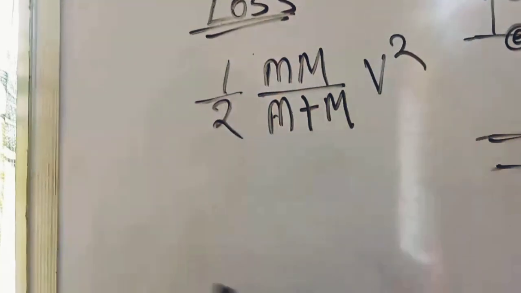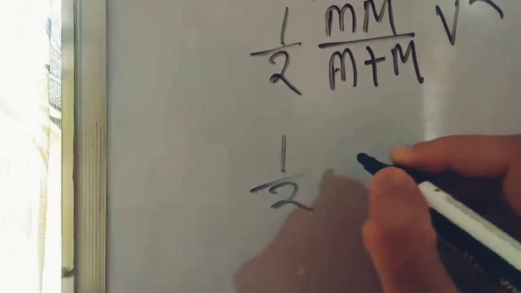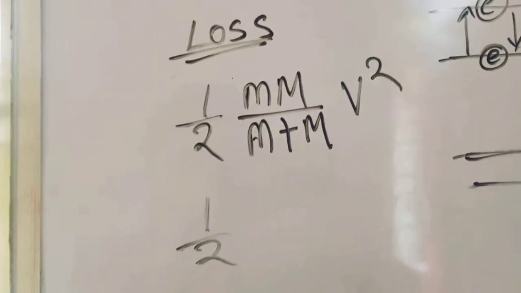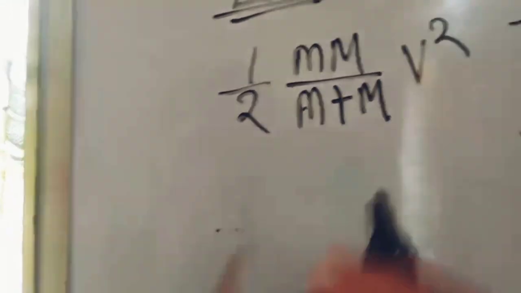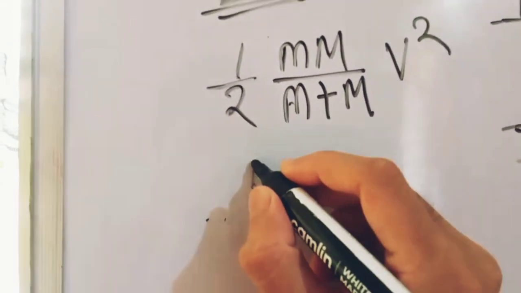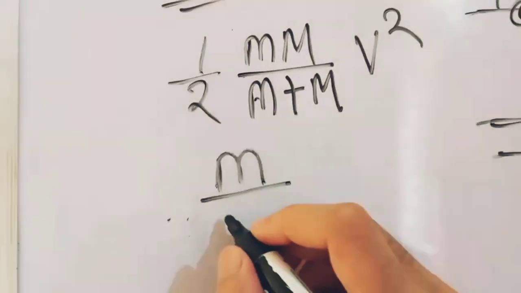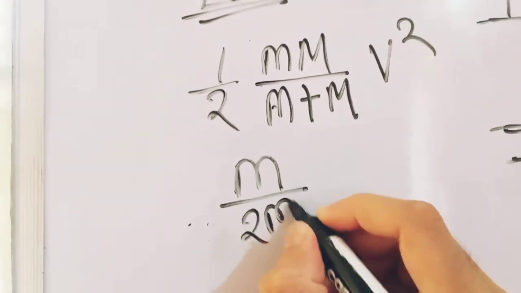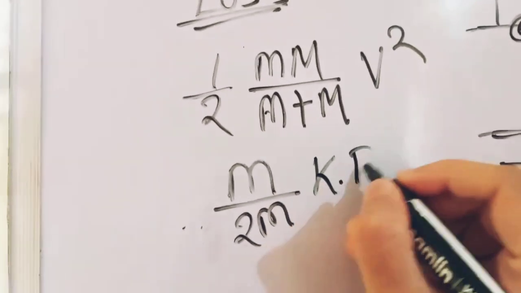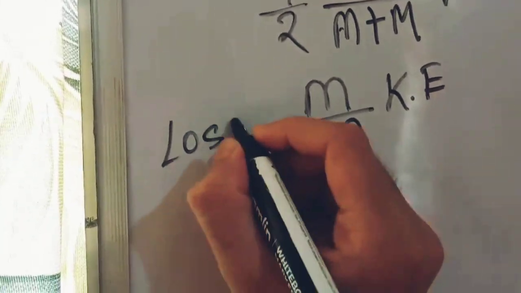So here the masses are the same, meaning both are hydrogen atoms, so we can transfer this formula into kinetic energy, right? Kinetic energy is half m v square. So let me write it again: one m will be left, and here 2m will be written. Here kinetic energy. So alright, this is the loss of energy.